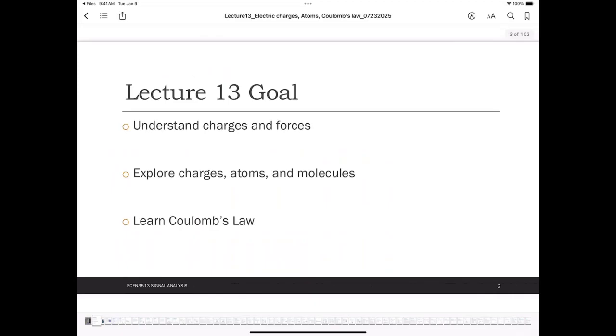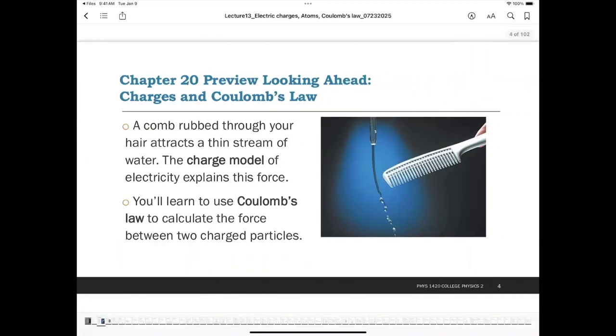Then let's explore charges, atoms, and molecules. And finally, we will learn Coulomb's law. This is a very important law.